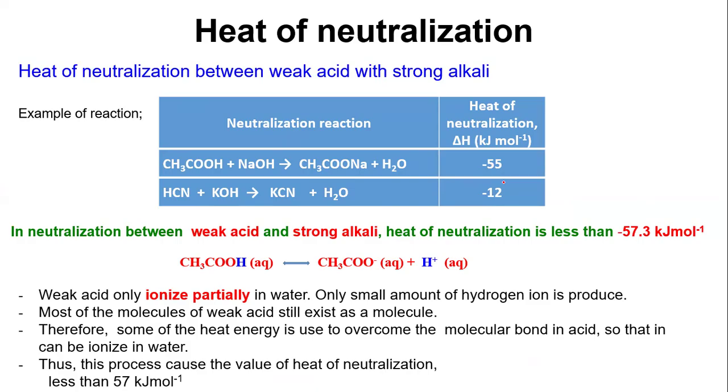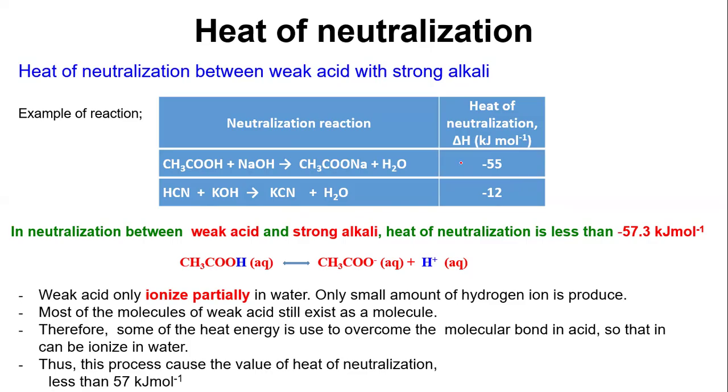Let's look at the next observation. We have HCN plus KOH, and you realize that the heat of neutralization here is negative 12. So it has a drastic decrease. Now, the problem here is coming from the weak acids. The weak acids do not dissociate completely. They dissociate partially to produce only few ions.